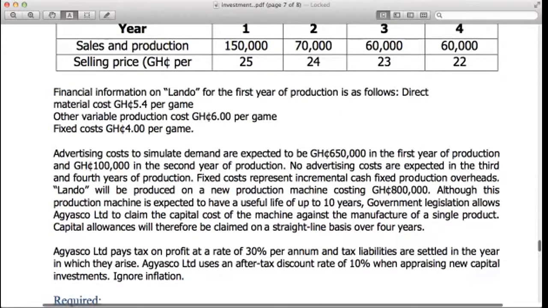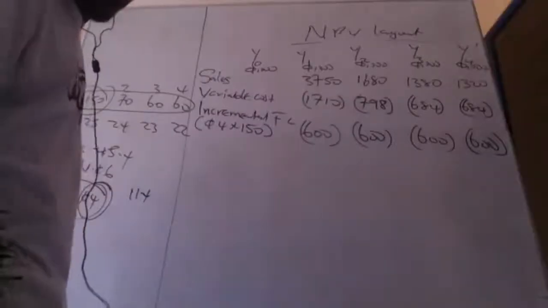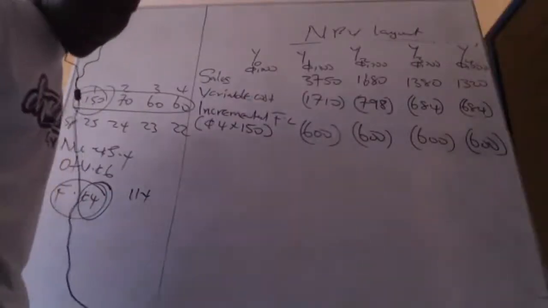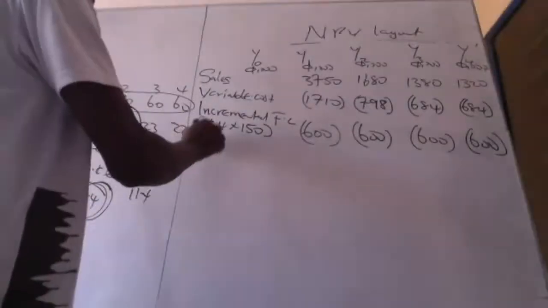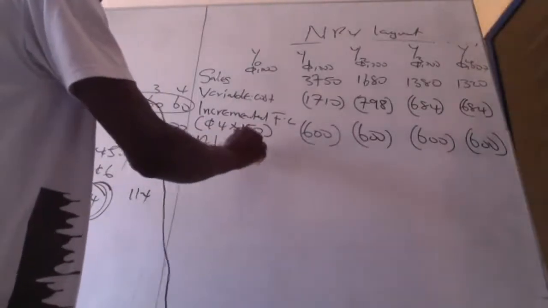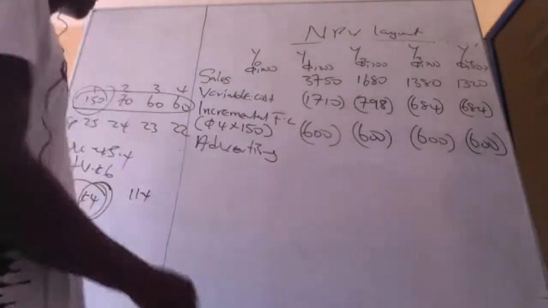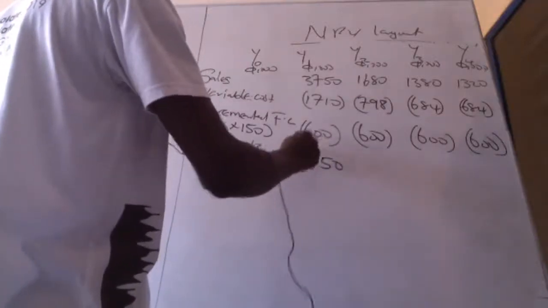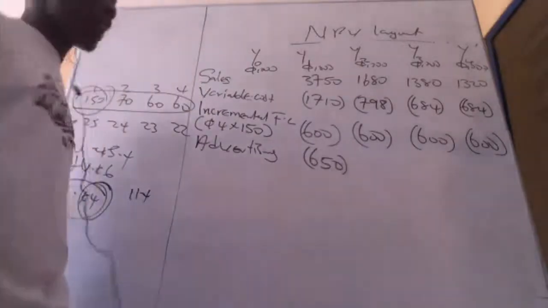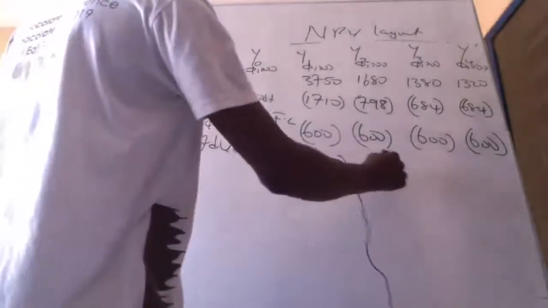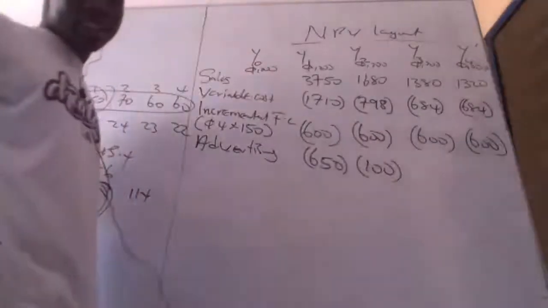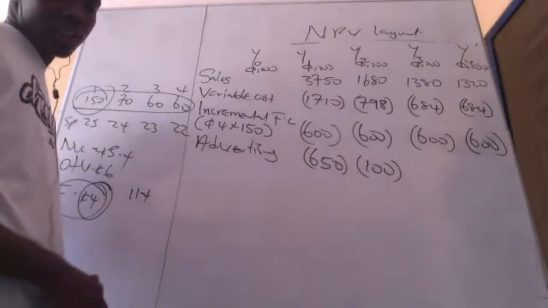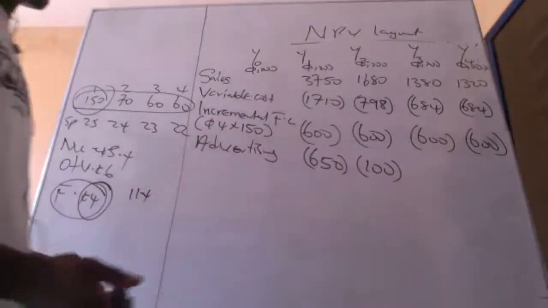Advertising cost: 650,000 in the first year of production to stimulate demand, and 100,000 in the second year, and none in years 3 and 4.